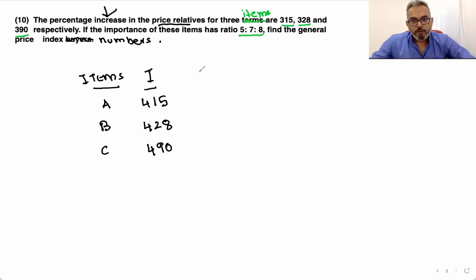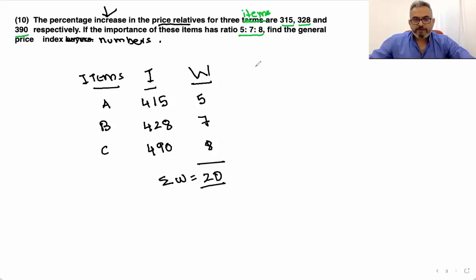Now weight W already given, importance is 5, 7 and 8. So total W is equal to 20.